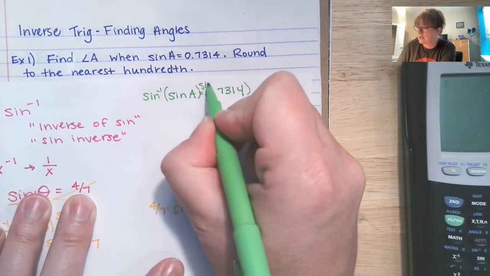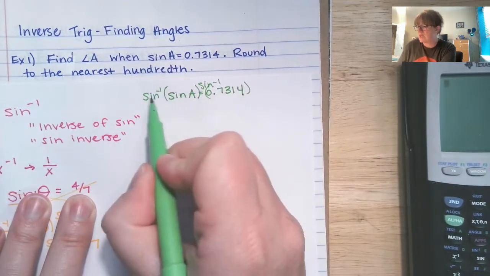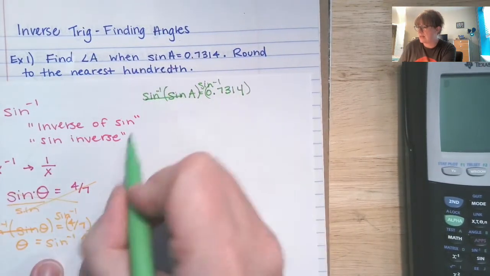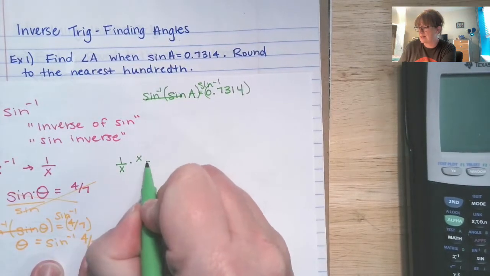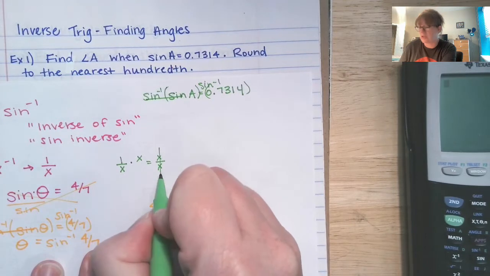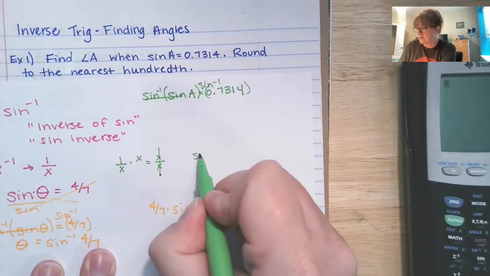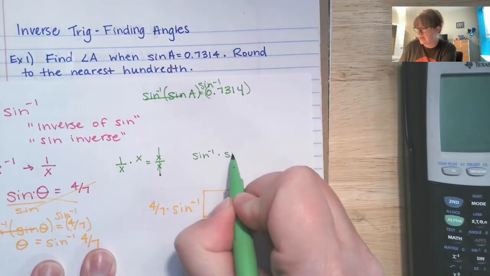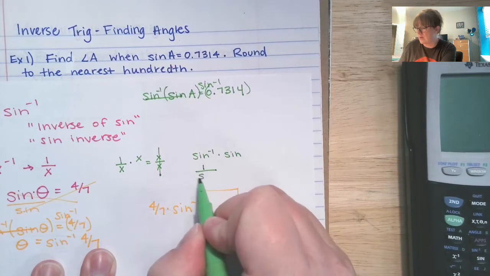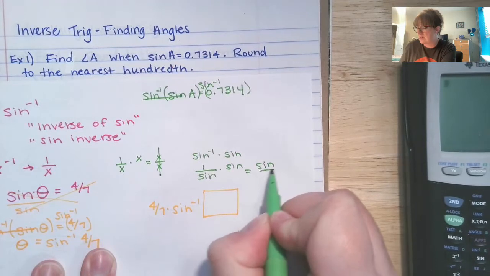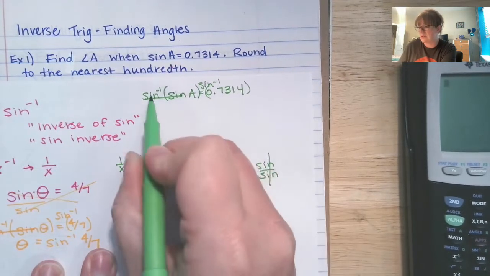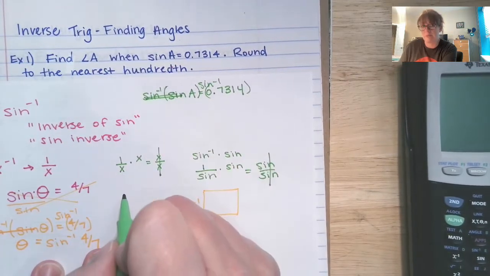Sine inverse times sine goes away, because again, that's kind of like saying 1 over x times x. That's x over x, which is just 1. So sine inverse times sine is like saying 1 over sine times sine, which is sine over sine, which is 1. So that's why we can cancel those guys out, okay?